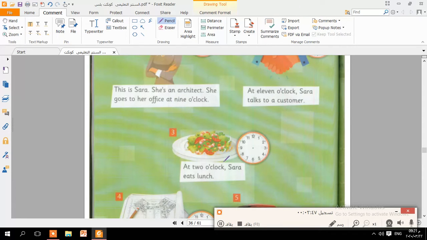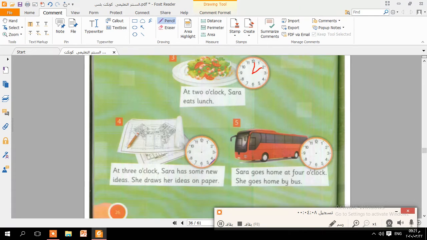Number 3. At 2 o'clock, Sarah eats lunch. The small arrow points to 2 and the big arrow points to 12. It's 2 o'clock.